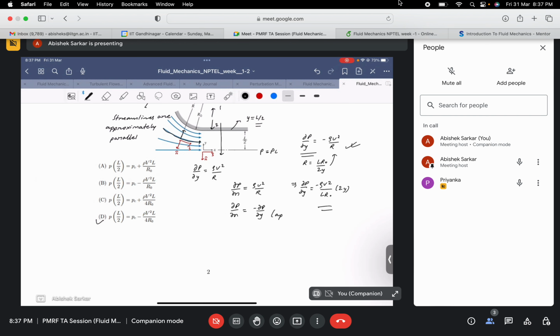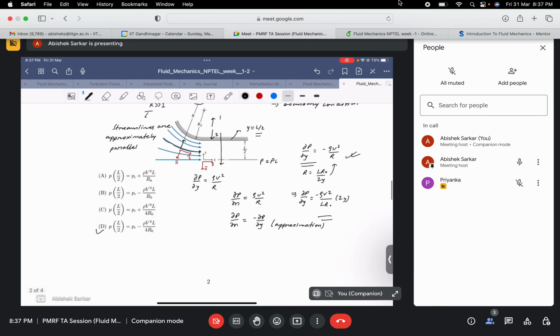Yes, sir. Okay, again I need to mention it is an approximation, because if you had taken this coordinate system, you would have had to obtain the value of theta here, then find the normal, and using trigonometry obtain the values of y and x in terms of n and s.